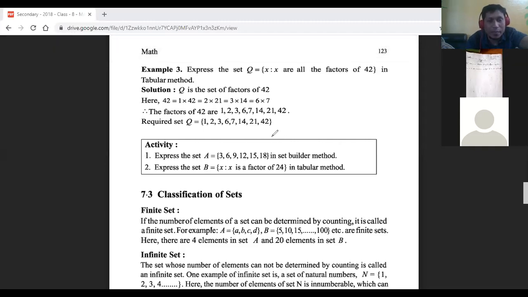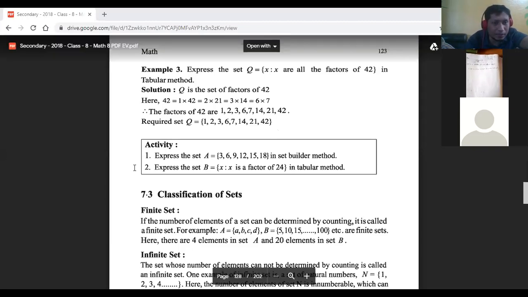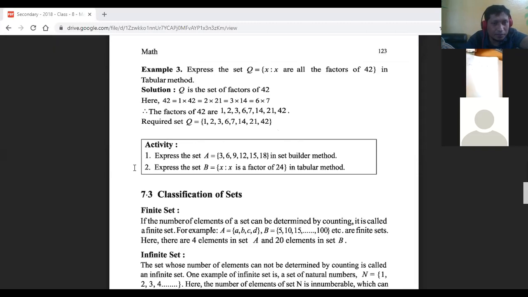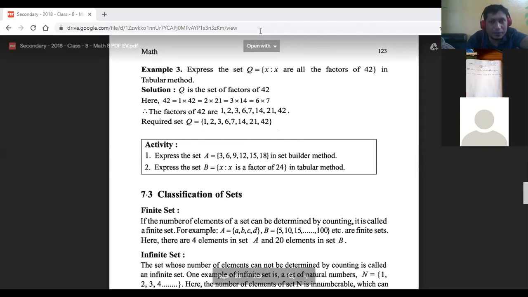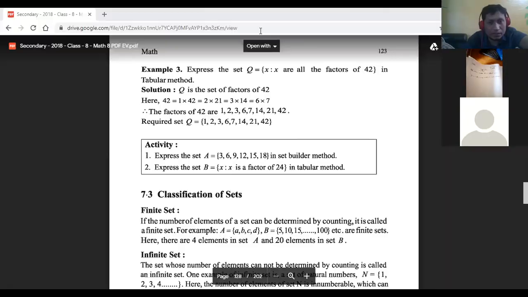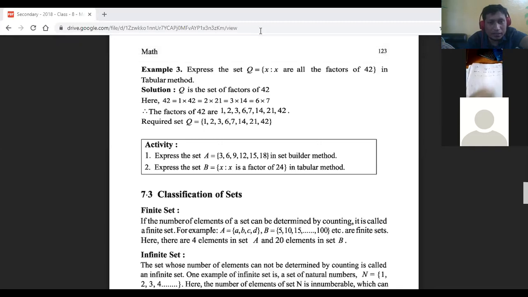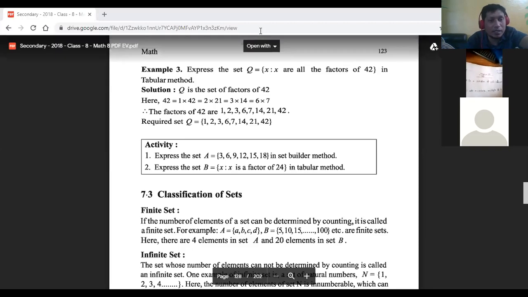You can see they are all here. But is x an odd number? No. Here there is 12, and 12 is not odd. 18 is not an odd number. So x is an odd number is not correct.